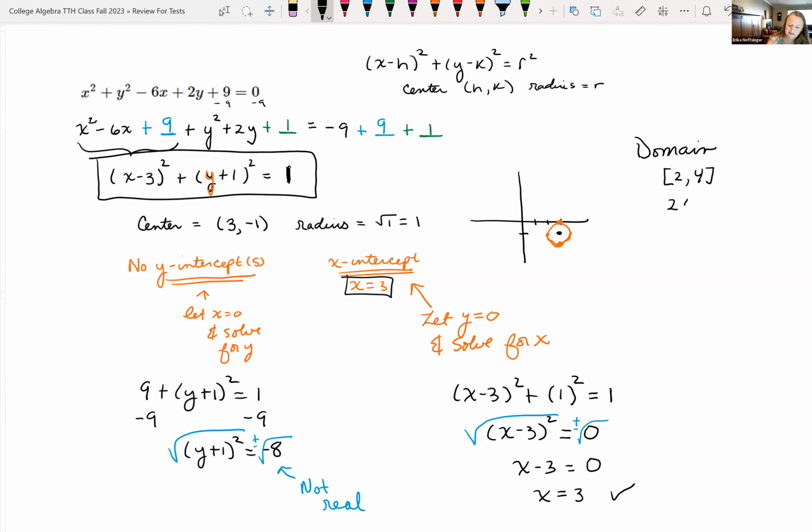Another way to write this is 2 is less than or equal to x is less than or equal to 4. My range, so going down from my center from -1, I hit the y value of -2, and going up, I hit y equals 0. So my range, my y values from smallest to largest, is -2 to 0, or I could write that as -2 is less than or equal to y is less than or equal to 0.